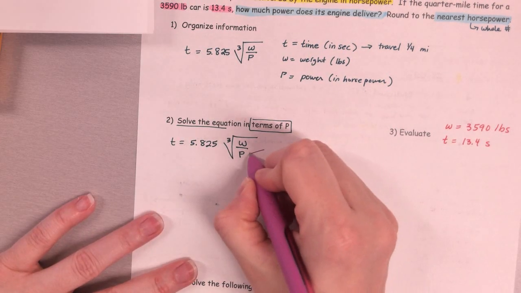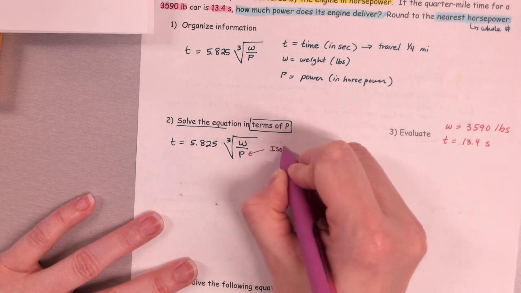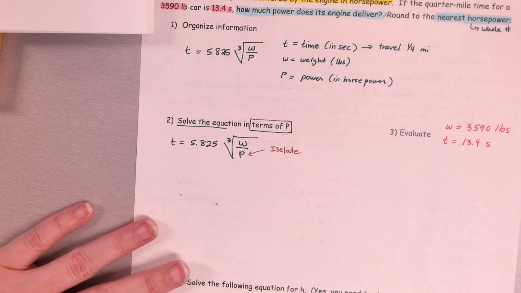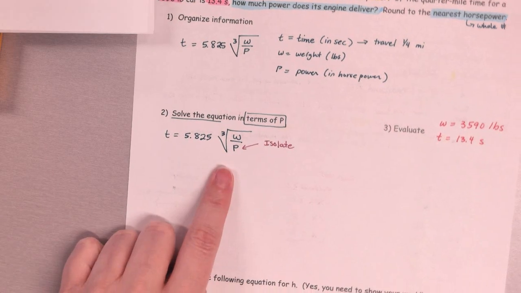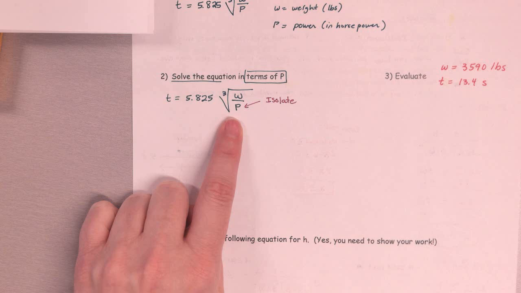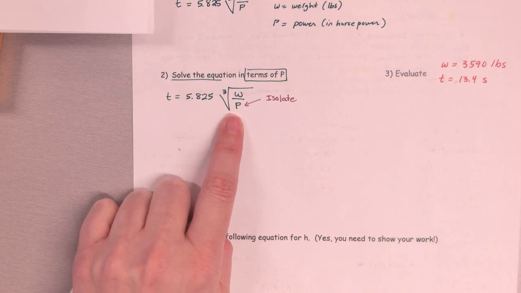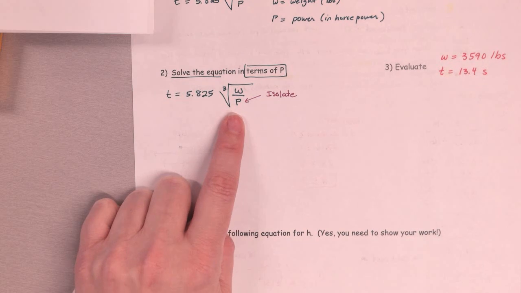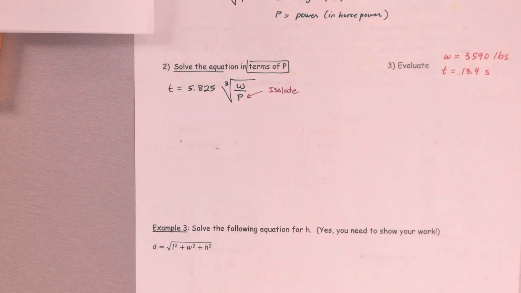You're going to isolate this variable. Basically, we just have to move everything else over until we get P is equal to a value. So what should we do first, you think? We do want to move this number over first, but think about how these two are connected.